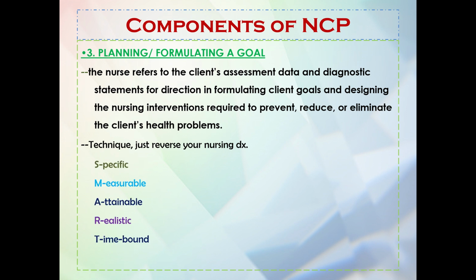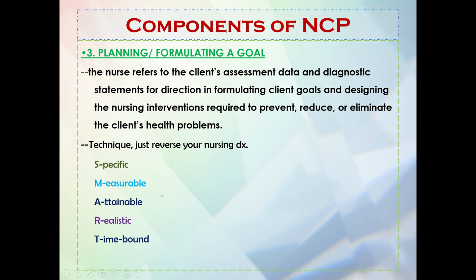So, we have this criteria in writing our planning or our goal. Ito yung tinatawag na SMART, S-M-A-R-T. So, in writing your planning or goal component of the NCP, it has to be SMART, meaning specific siya. You are specific, hindi vague, hindi paligoy-ligoy yung sinasabi mo.